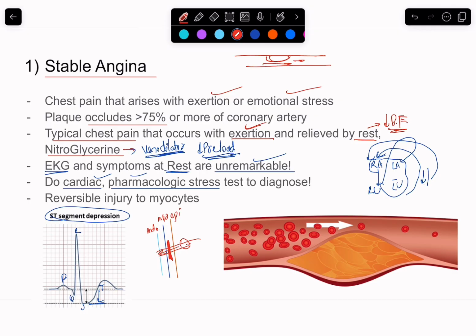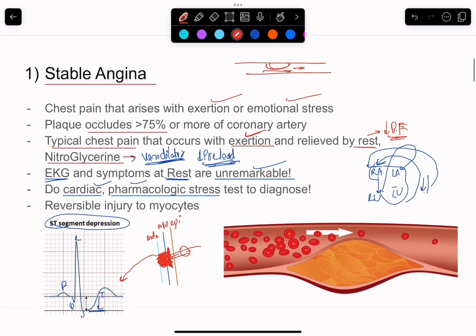As the endocardium is the last structure to get your blood, this will be the first structure that will undergo damage when there is reduced blood flow. So this is what we call subendocardial ischemia, and this subendocardial ischemia will be seen on your EKG as an ST segment depression.